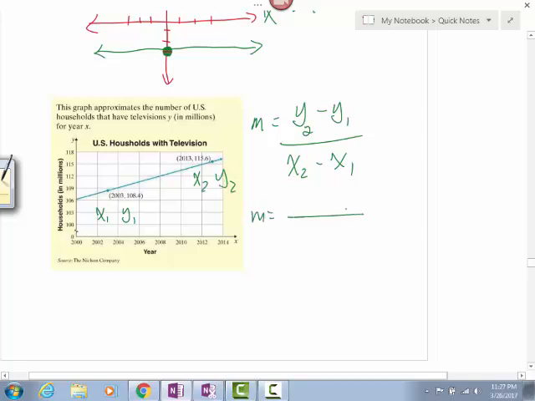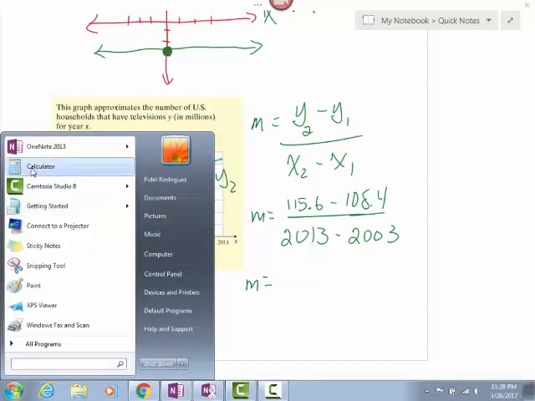Okay, now I'm just going to plug in. So Y2 would be 115.6 minus Y1 would be 108.4. X2 would be the number 2013, and X1 would be the number 2003. So now all I need to do is subtract. Let me grab my calculator here.